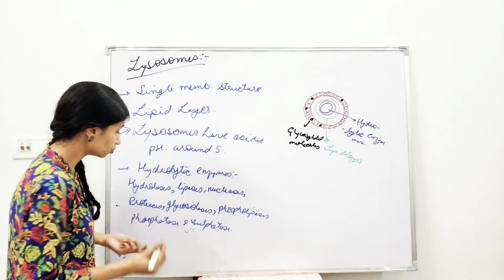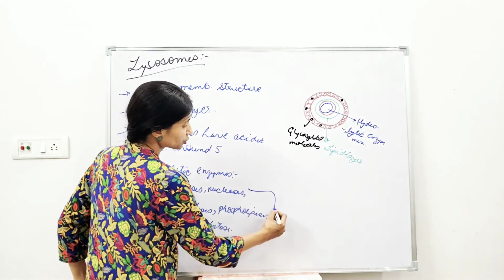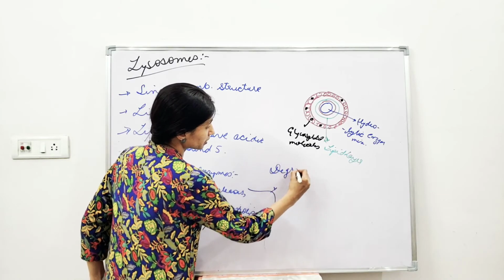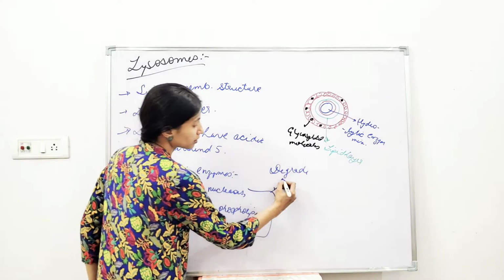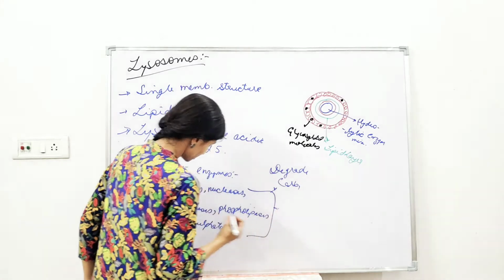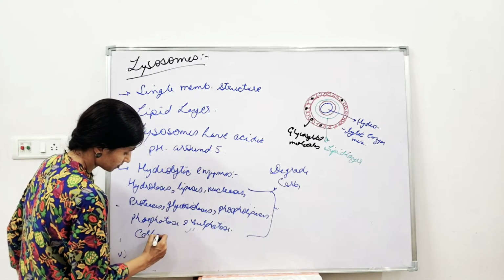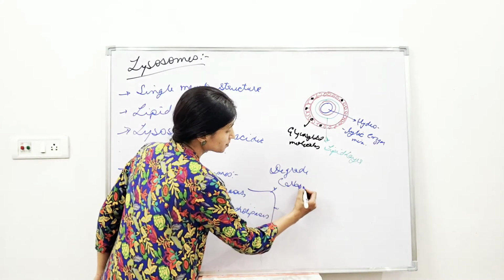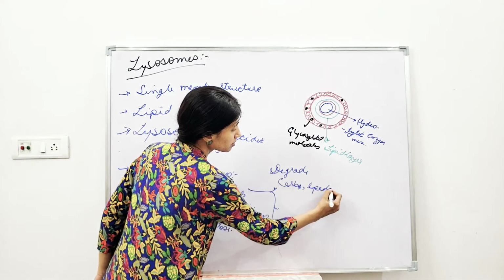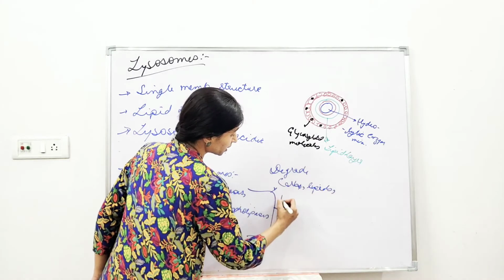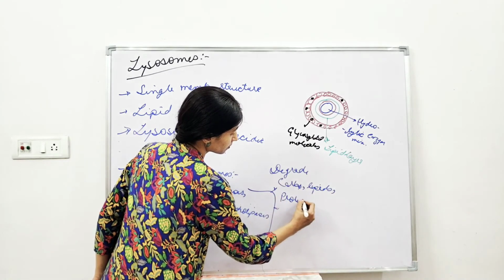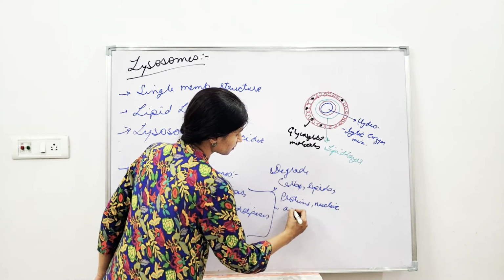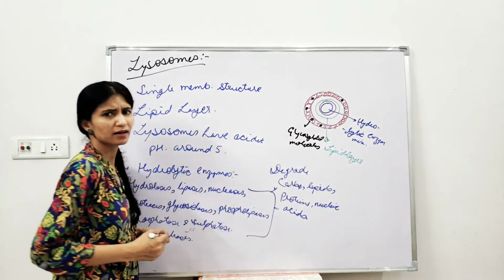And what do these enzymes actually do? They degrade carbs, okay, they also contain carbohydrates. So they degrade carbs, lipids, proteins, nucleic acids, okay, any DNA, RNA which is present over here.